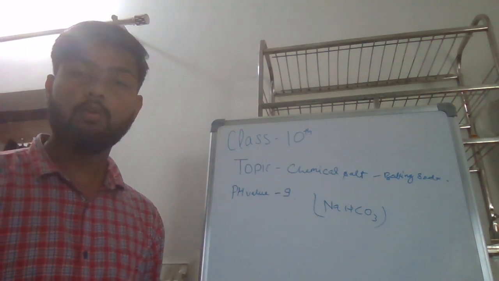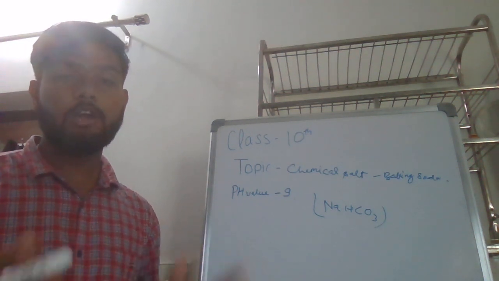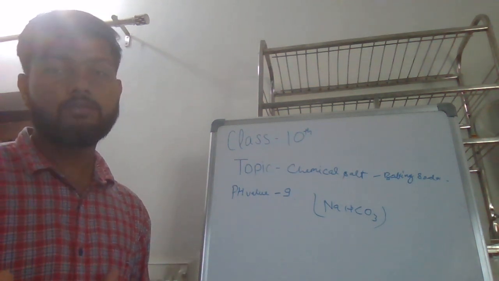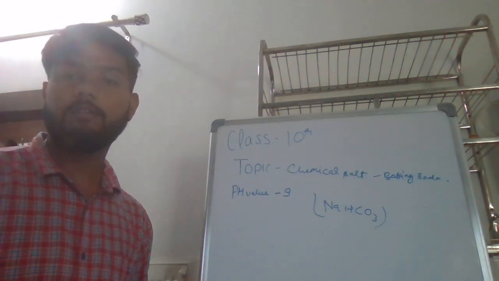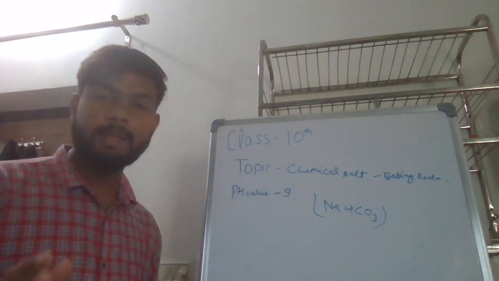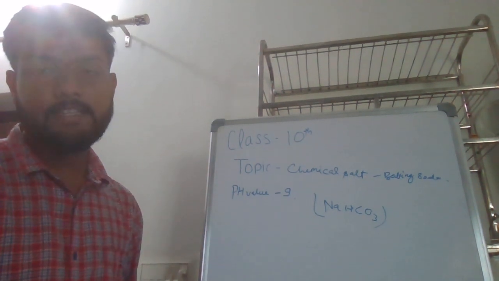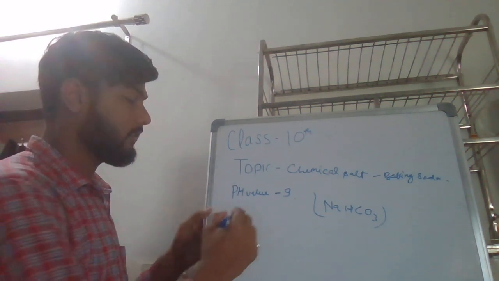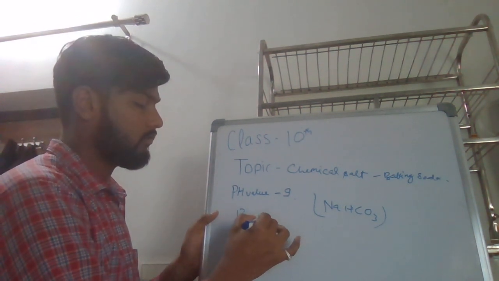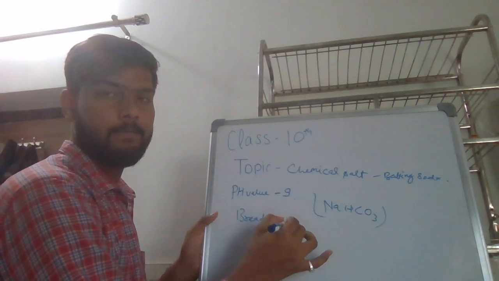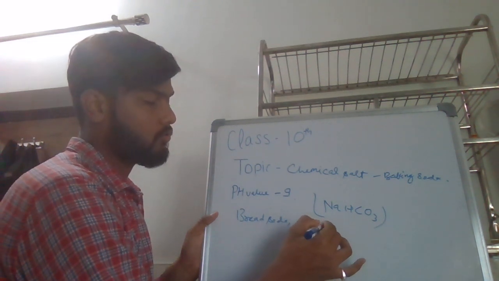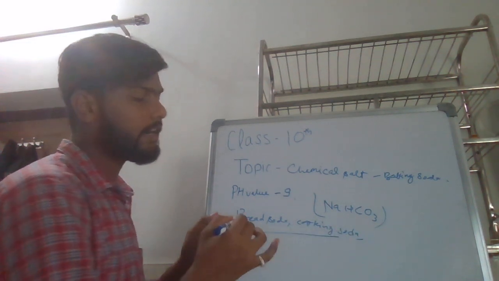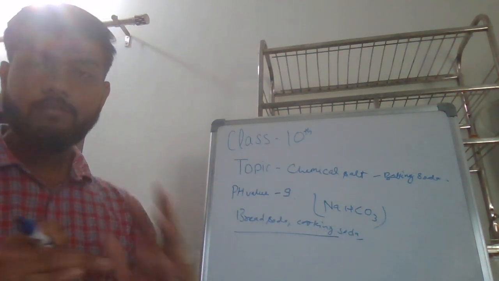Bread soda, cooking soda, bicarbonate of soda, sodium bicarb, or simply bicarb, are some other names of baking soda. Here I can write bread soda, cooking soda. These are the other names of baking soda.